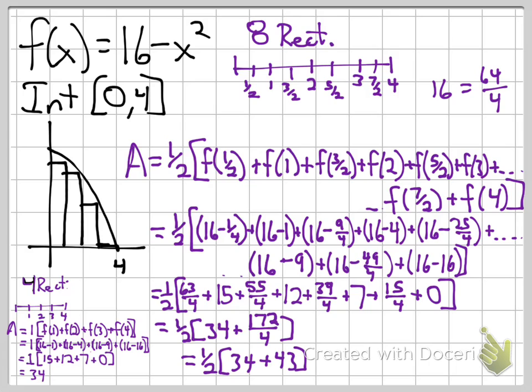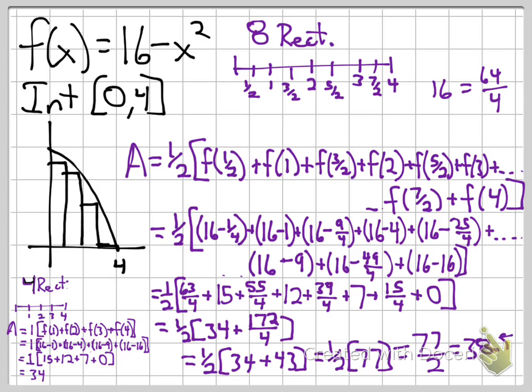I can combine those and I get 1/2 of 77. So we can either write that as 77 over 2, or that looks like 38.5. So that's our area with 8 rectangles.